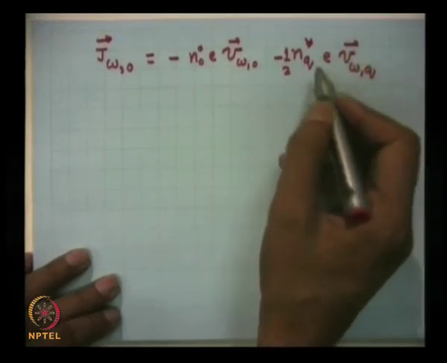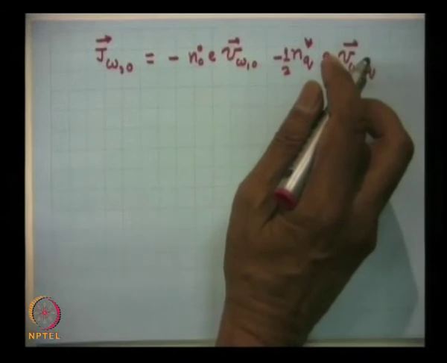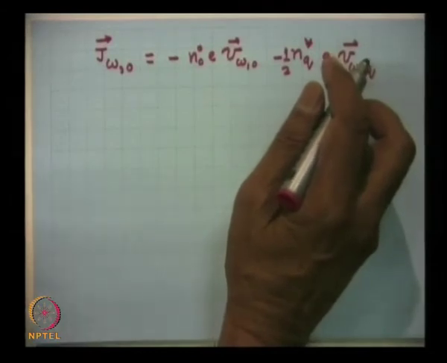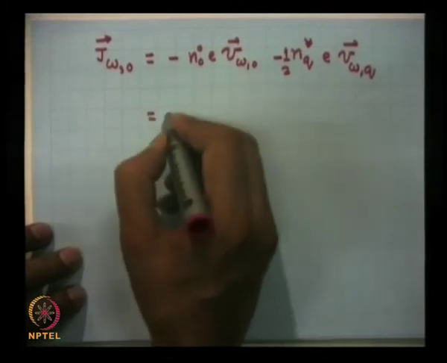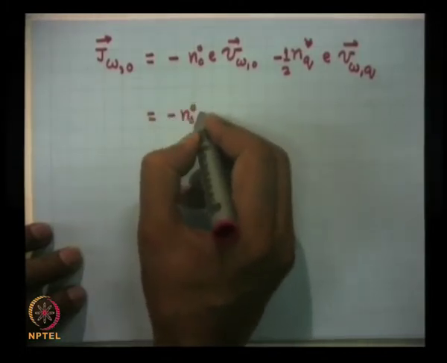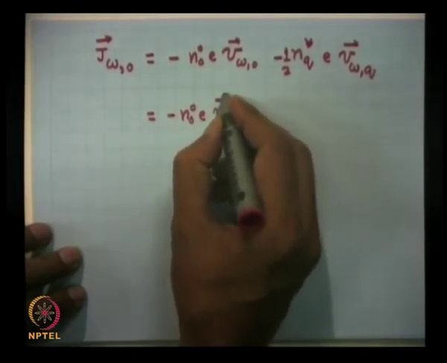So, now let me substitute the expression for v omega q, and when you do this algebra, you will get this expression turns out to be the same as this n00 e V omega 0 outside.